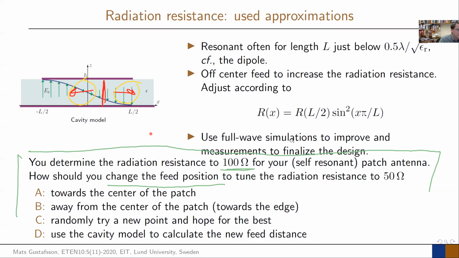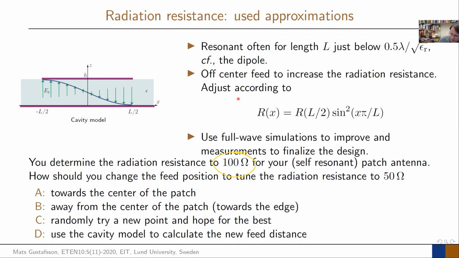So why are A and D correct in these cases? So what did you have in this situation? You had 100 ohms. That is what you measured. You should get 50 ohm, so you should lower your radiation resistance. And then just look at the formula here.